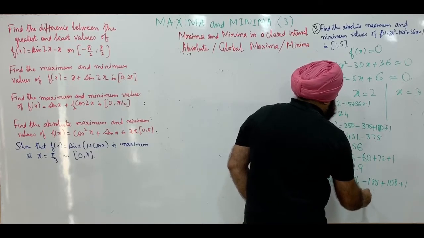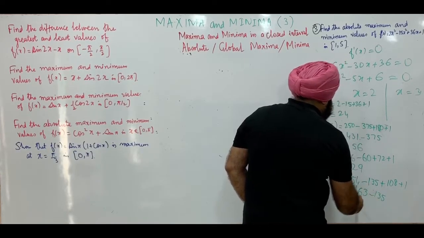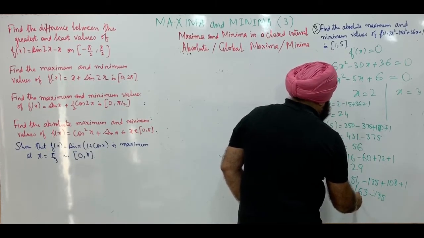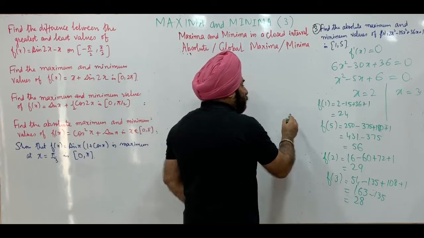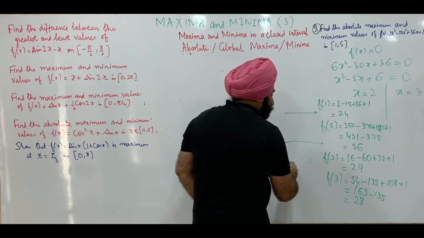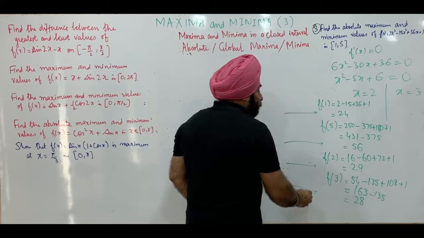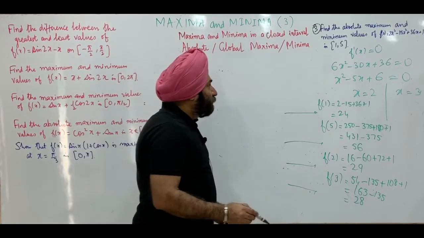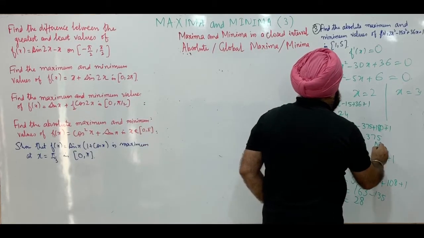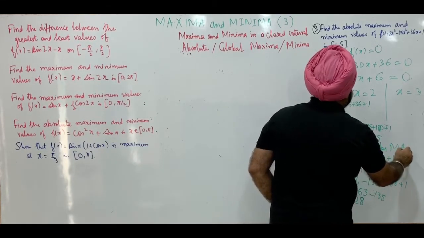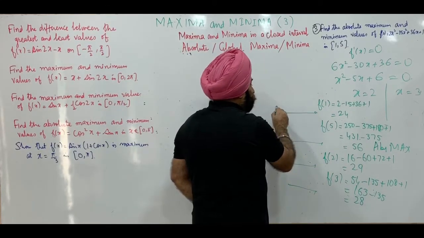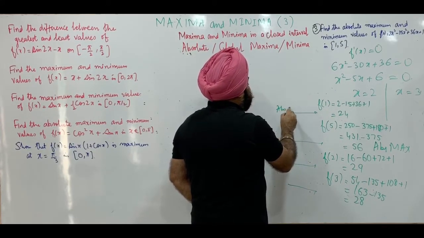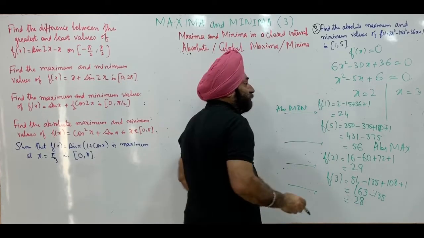This is 163 minus 135 and that will be 28. So now we have these values 24, 56, 29 and 28. So clearly 56 is the absolute maximum value, and the absolute minimum value is here at x is equal to 1. This is the absolute minimum value and this is 24.